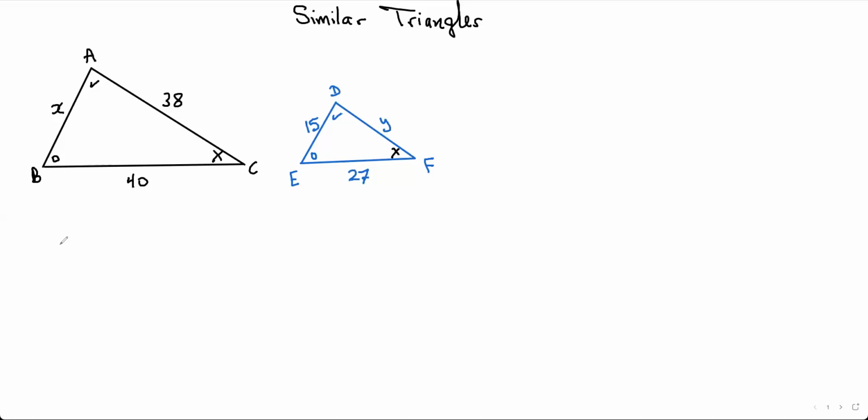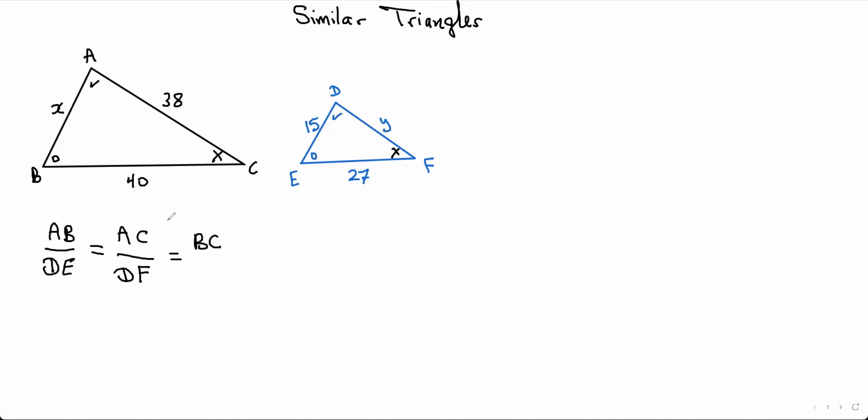So we write proportions, and the proportion that we write is side AB, which is from the check mark to the circle, over DE, which is the same as from D check mark to the little circle there, should equal AC over DF, should equal BC.